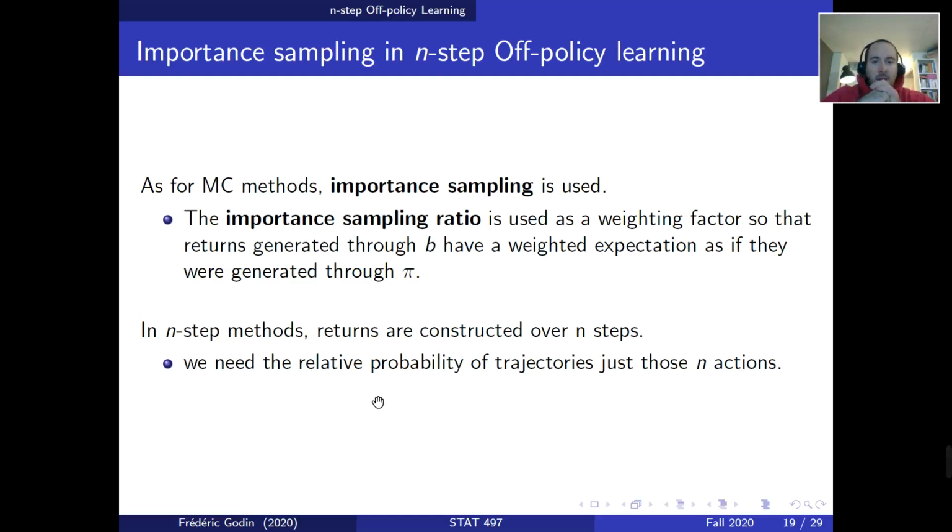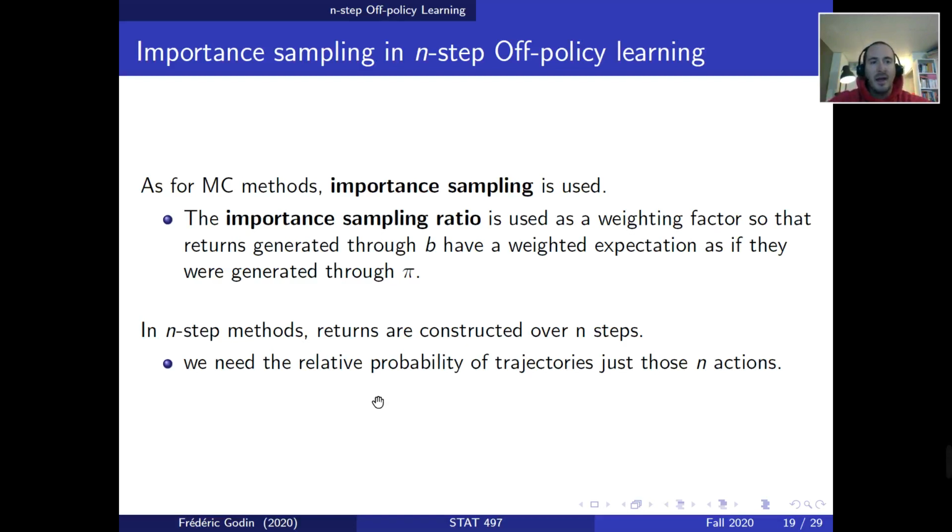For the n-step method, once again, as for Monte Carlo methods, we're going to use importance sampling. As we said, we have two different policies. We generate episodes with the behavior policy b, but we want to estimate the value function under another policy, which is the policy pi.